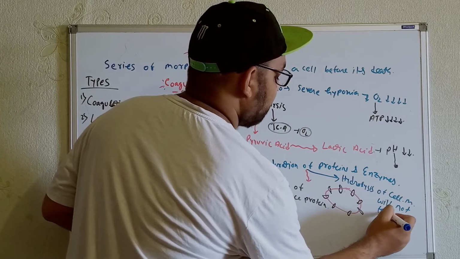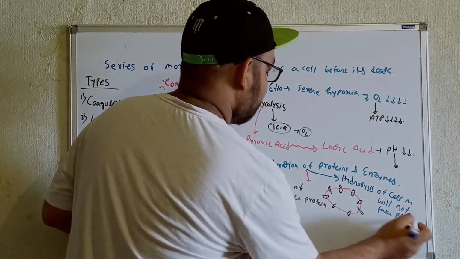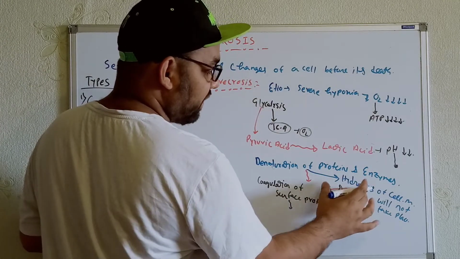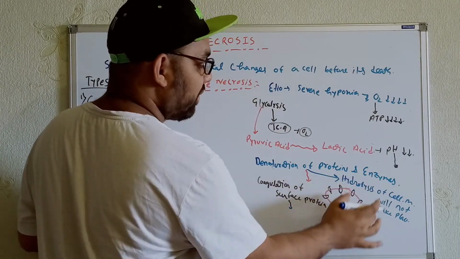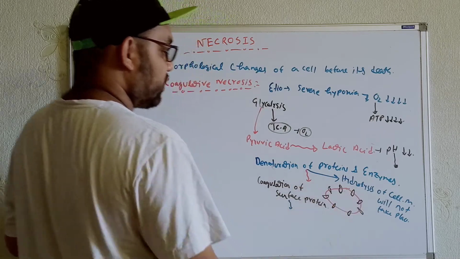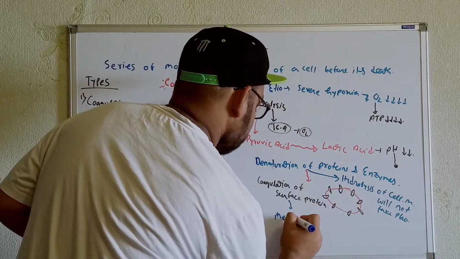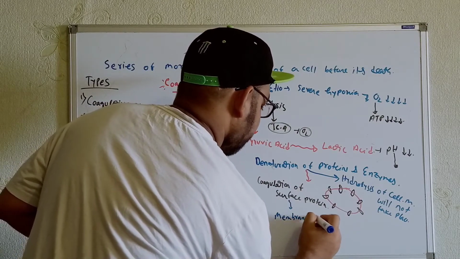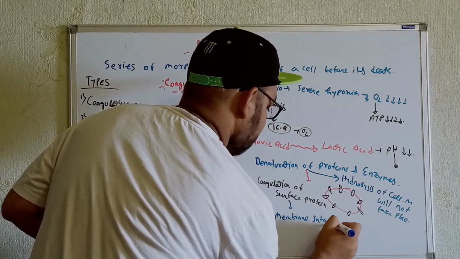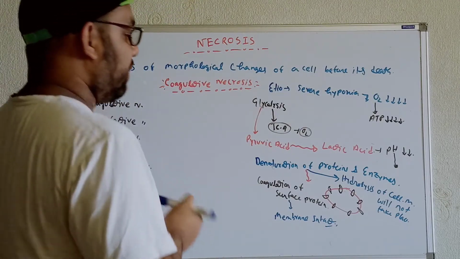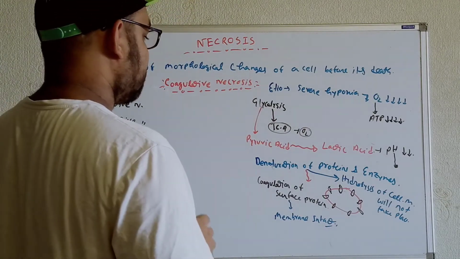As a result, there will be coagulation of the surface protein, but the membrane will stay intact. So there will be no problem as far as the membrane is concerned. Now we will see what other problems we see in these cases.